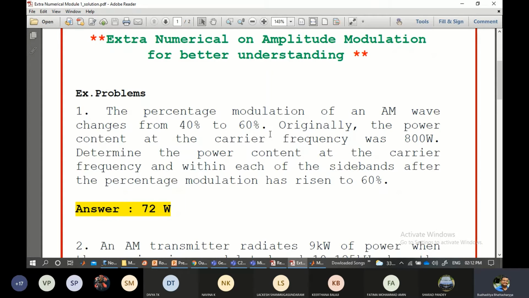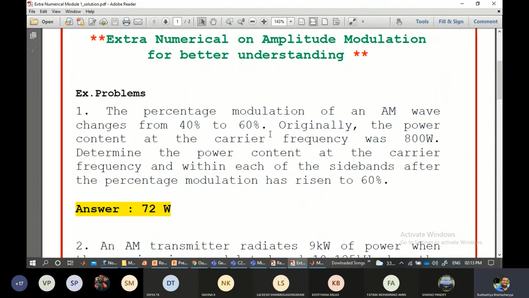Can anyone be a little adventurous in answering? If we can get the carrier power at 0.6, the rest can be calculated very easily. So what should the carrier power be at 0.6, given the conditions?